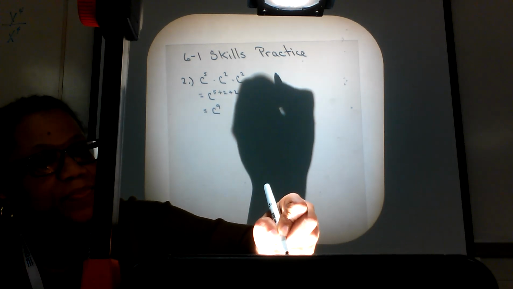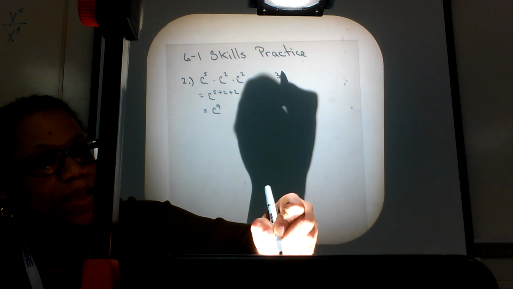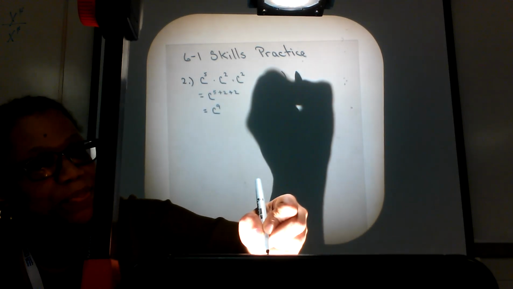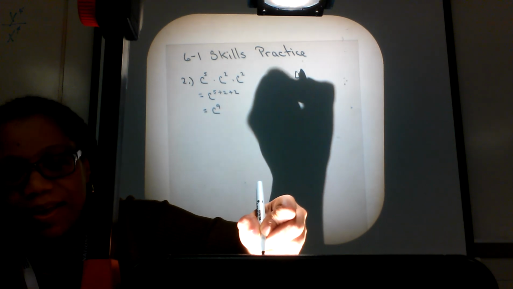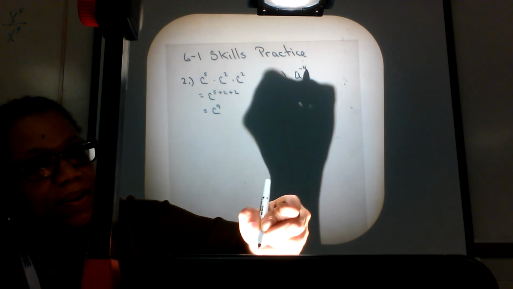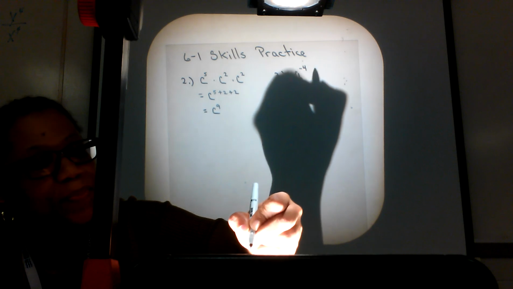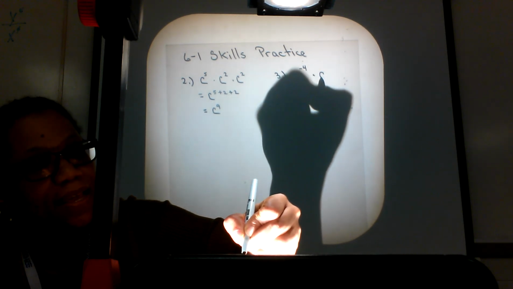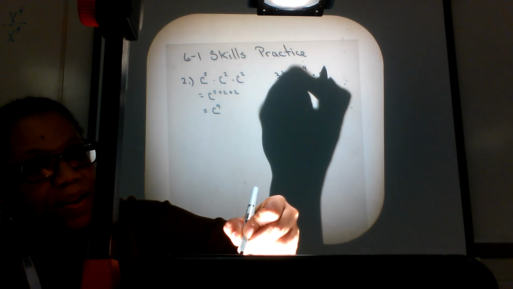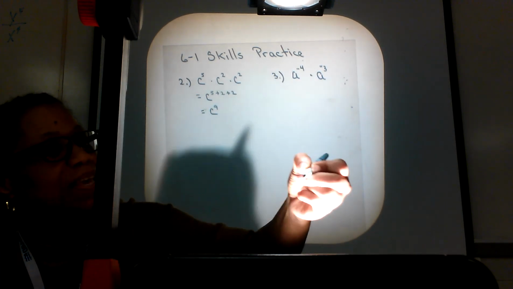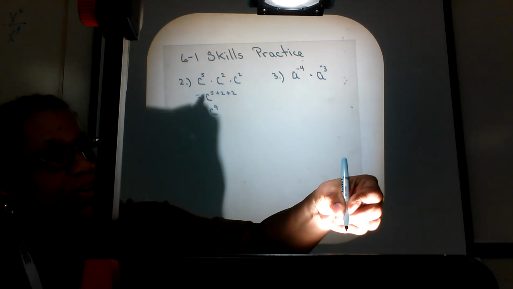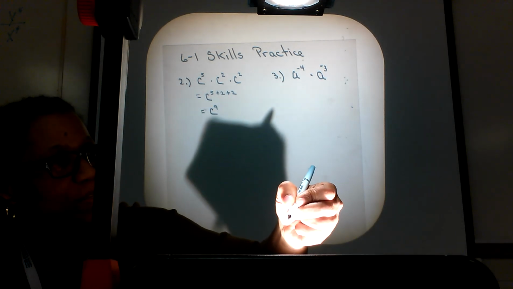Okay, number 3. I don't know how to do number 3. I'm going to show you how to do number 3. We're going to do it the exact same way. We have a raised to the negative 4th power times a to the negative 3 power. You added the exponents, correct?